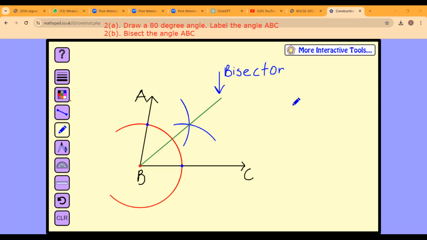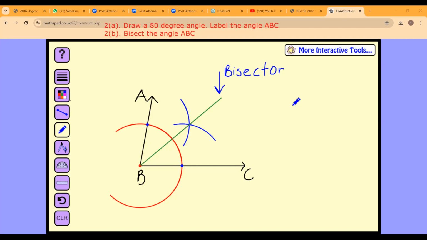Explain how we bisected this angle. Yes, sir. So the first thing we did is we drew a line and named it BC, and then we used our protractor to measure it to 80 degrees.